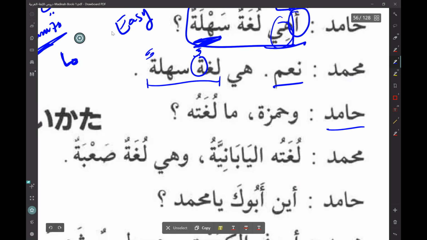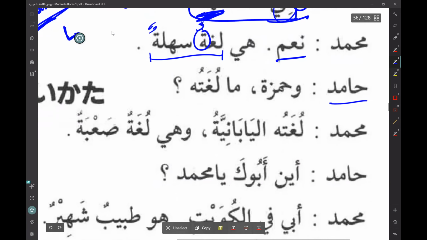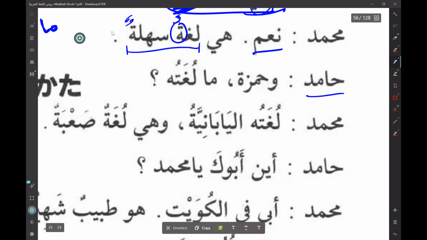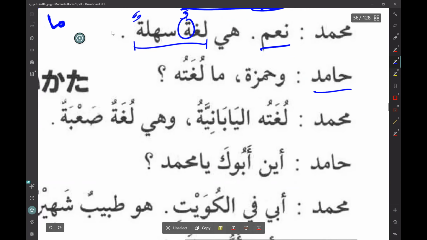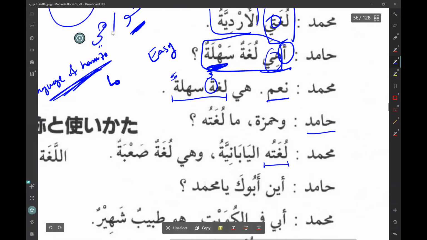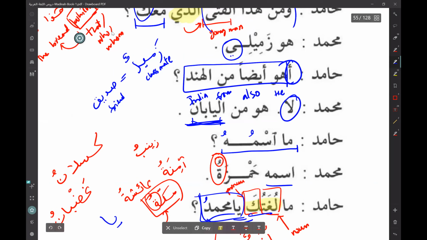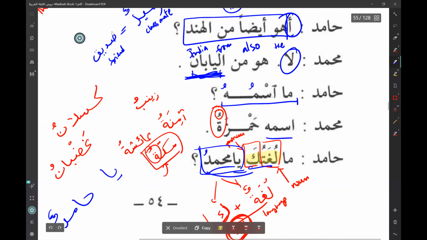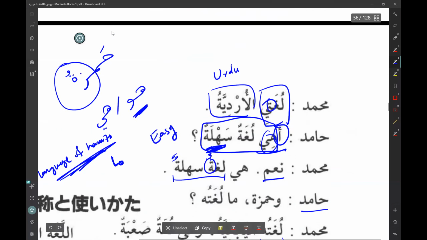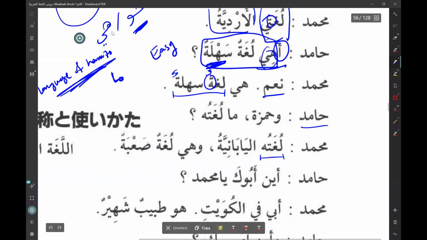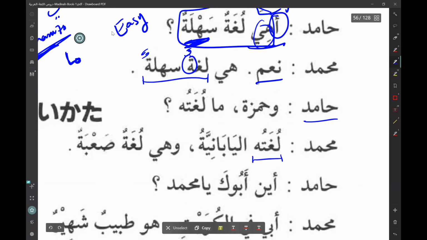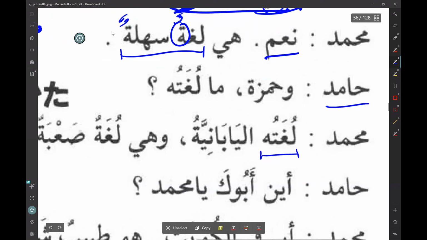Now, we have Muhammad saying, Lugatuhu, his language, al-Yabaniya. What is al-Yabaniya? Remember, it's the same word. We had Yaban. Al-Yaban was Japan, and al-Yabaniya would be what?